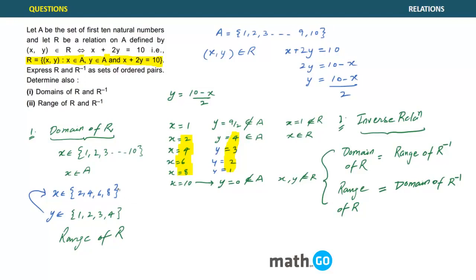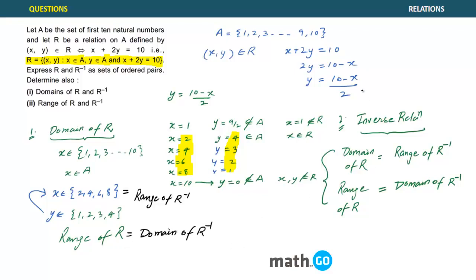If you check this out, we just did the domain. So this becomes the range of R inverse. And the range of R will be nothing but the domain of R inverse. As simple as that. For relations, this property is valid.